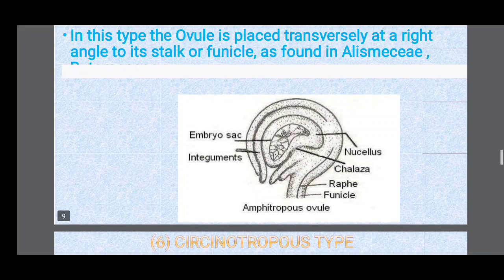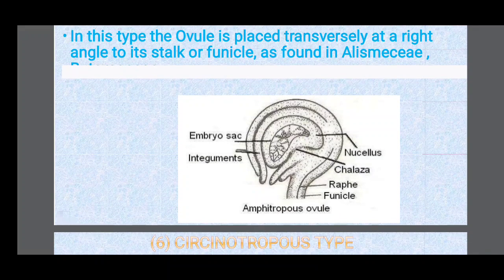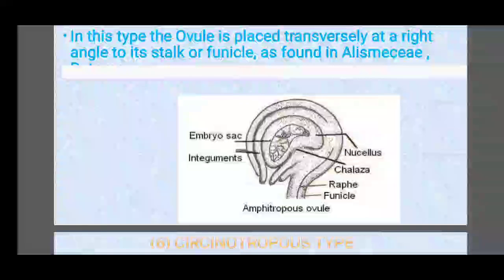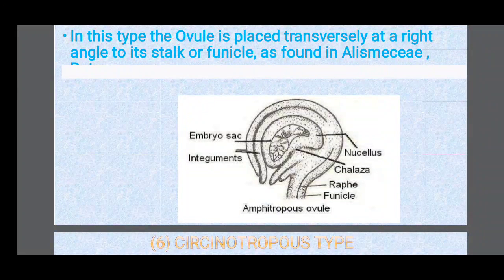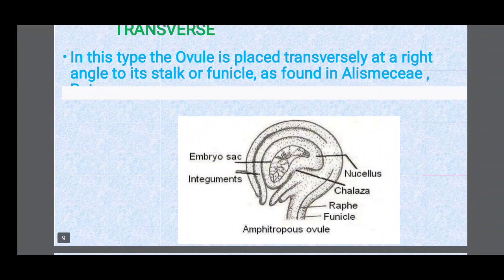So in amphitropous the body is bent on the funicle, and at the same time the embryo sac is also curving. So the main difference between the amphitropous and hemianatropous, both look the same, but in hemianatropous the embryo sac does not show a curve, but in amphitropous or transverse ovule, the ovule body is curved and at the same time the embryo sac also shows a curve.